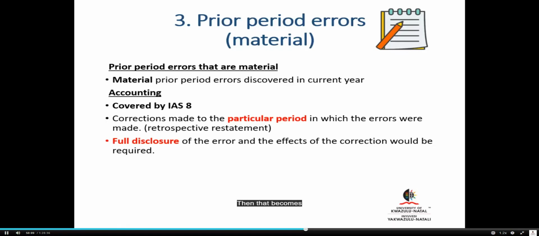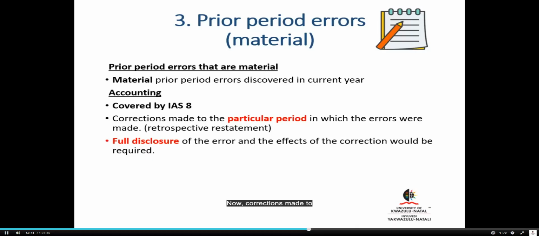So that becomes qualitative materiality instead of quantitative, because it's driven by management. I wanted to explain that. So materiality is about influencing the users of financial statements. Now we're dealing with an item and an error that is material, and if an error is material, then it is covered by IAS 8, the standard.